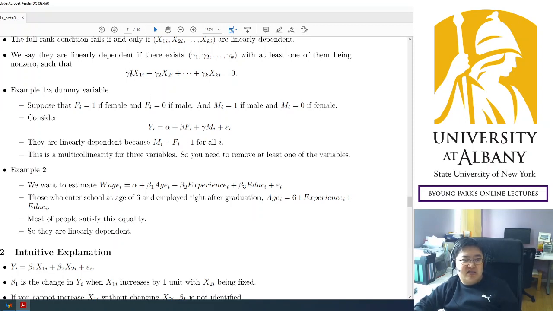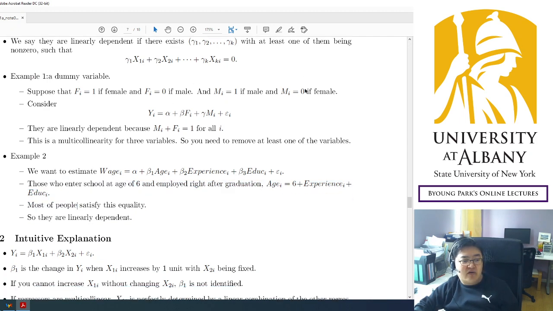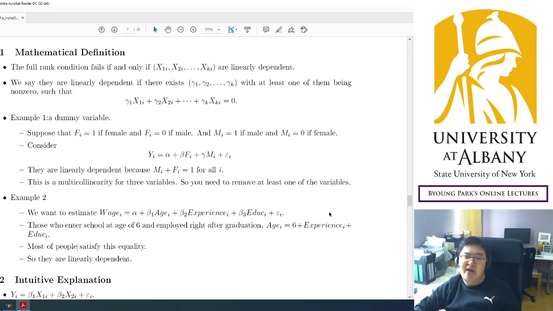Then the weights 6, -1, 1, 1 will imply this equation, so the sum will be 0. Therefore, they are linearly dependent. So in this case, you cannot include all these variables at the same time. You have to drop one of these 4 variables.